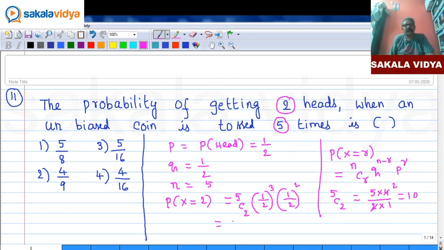So equals to 10 into 1 by 2 power 5, because 1 by 2 bases are same, exponents are added, 3 plus 2 is 5. So this equals to 10 into 1 by 32. So now 2 16 ja 2 5 ja equals to 5 upon 16. Third option, option 3 is the right option.